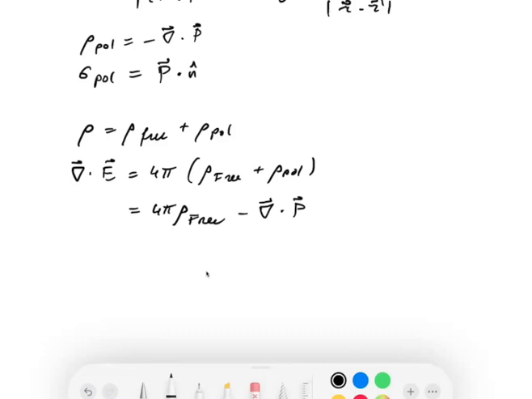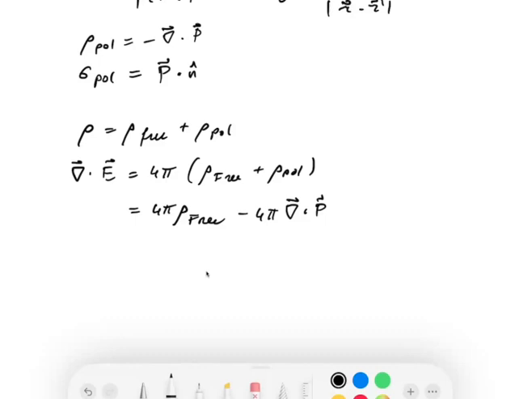Okay, so that means that we can, oh, there's a 4 pi here. 4 pi divergence of P, which means that we have a divergence here, we have a divergence there.